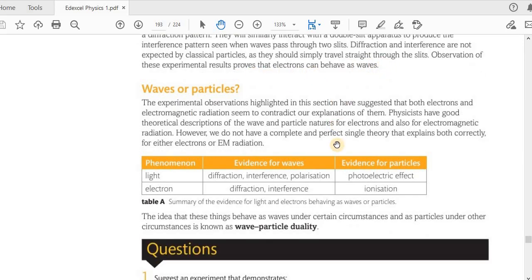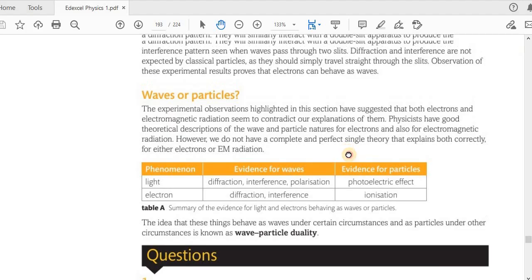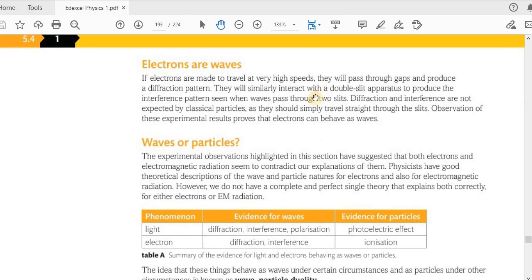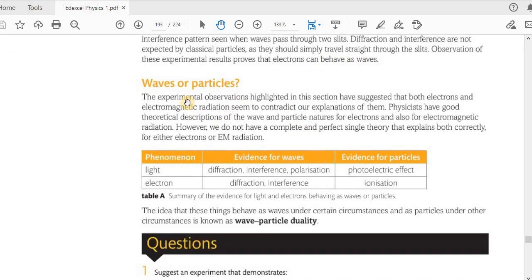So this is what we have to show that an electron can behave as a wave. It can show diffraction and interference patterns, which are seen with waves. We saw that when we studied Young's double slit experiment. So waves or particles, that's how we come across this wave-particle duality.